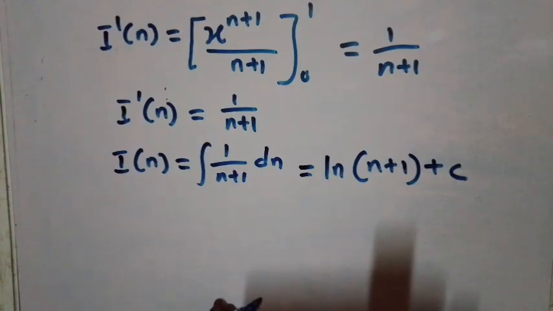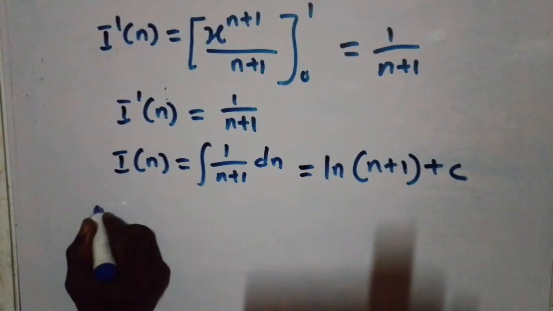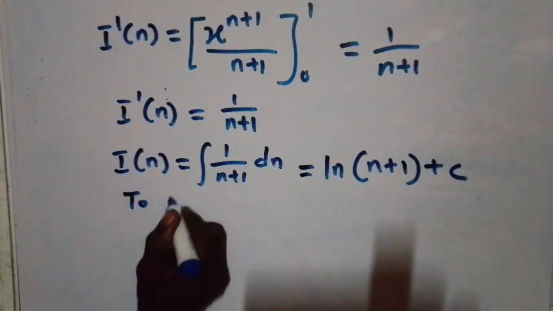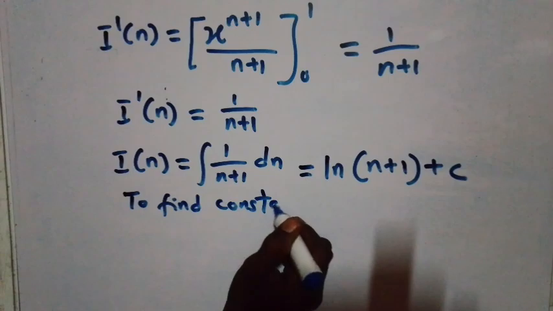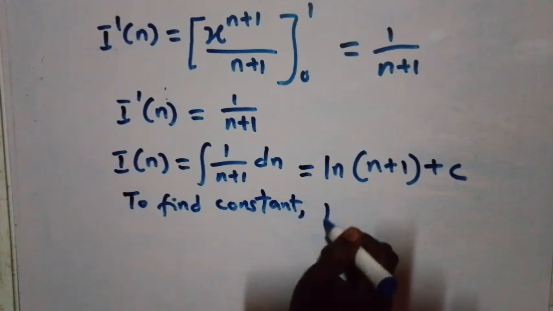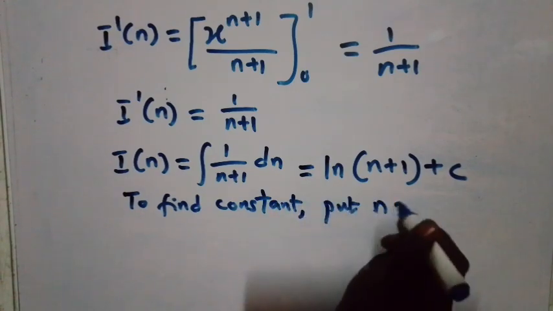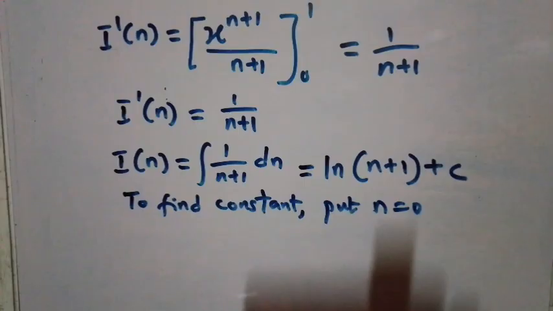Now, to find the constant, put n equals to 0.